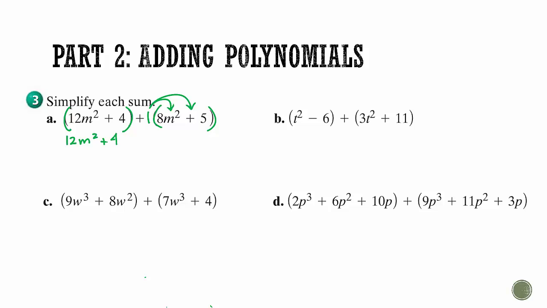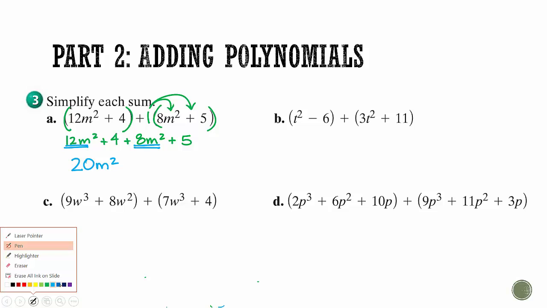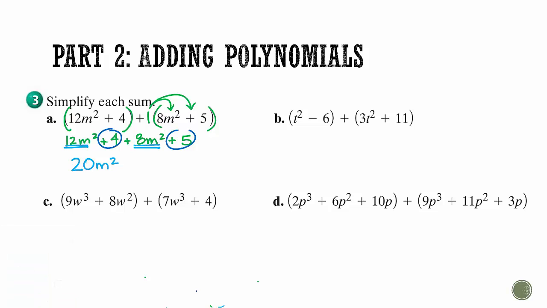So if it makes you feel better, rewrite all this stuff without the parentheses, and then all we got to do is combine like terms. So this has an m squared, and so does this. So if you have 12 of them plus 8 more, you get 20. And then these numbers both don't have a degree, so we can add those. 4 plus 5 is 9. And then we're done. That's it.